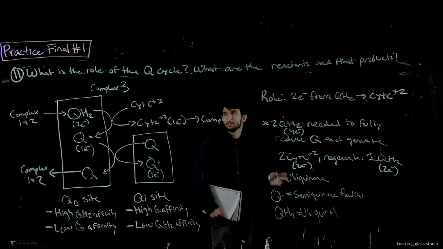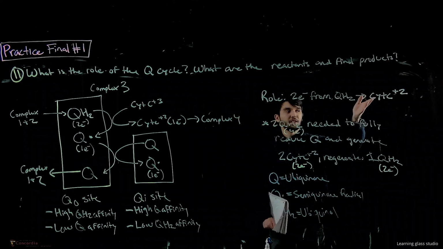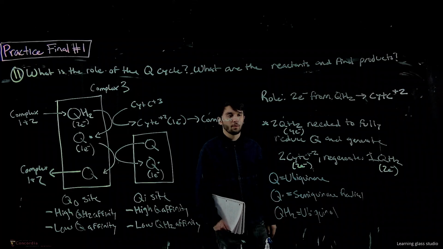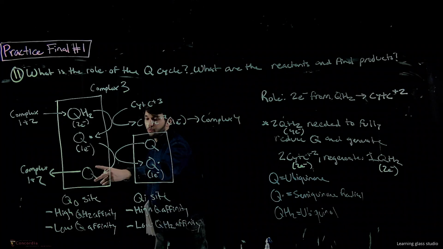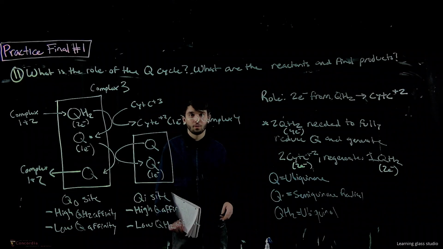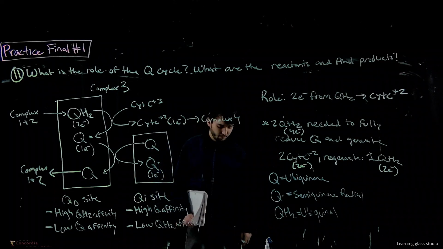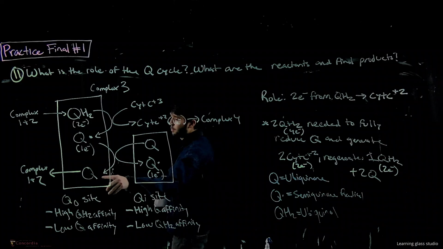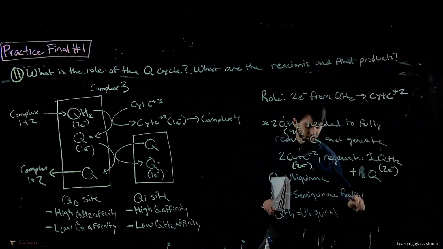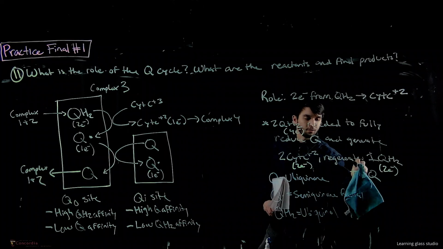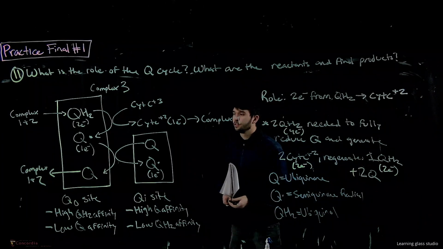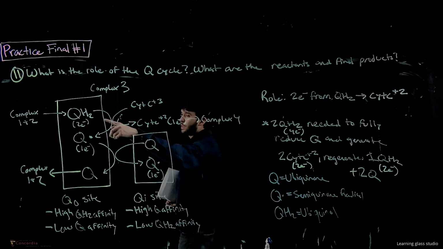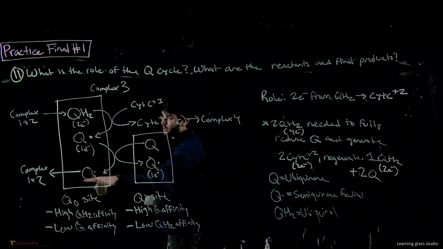Okay, so essentially the role is to generate cytochrome C plus 2, bring that to complex 4, and the reactants are 2 QH2, those are what enter, and what leaves is going to be 2 of the Qs, 1 QH2, and 2 cytochrome C. Sorry, so for every 1 QH2 that enters, 1 Q is generated here, and that will leave.